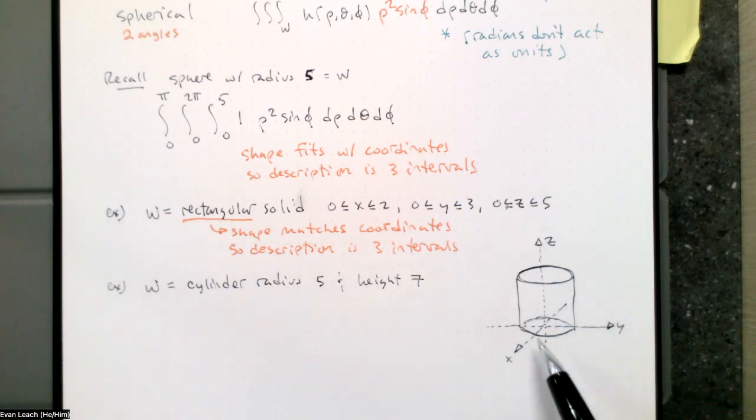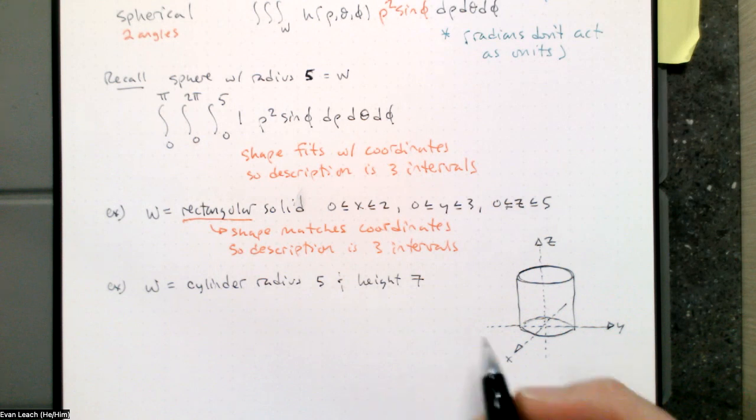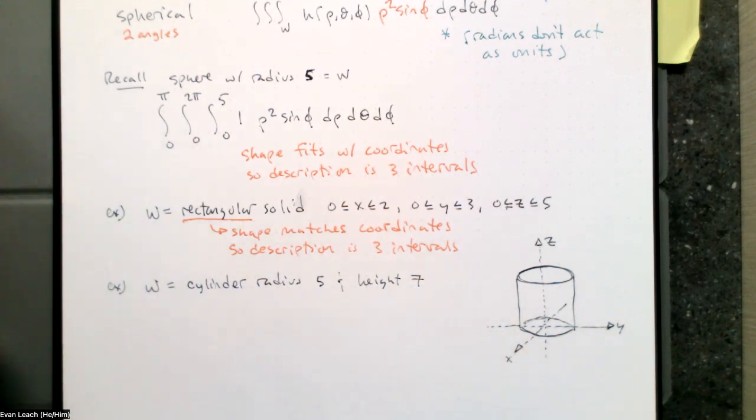So if I want to describe this cylinder, I know I wrote it in rectangular coordinates because that's how we picture things most often. The shape is going to match the coordinates.